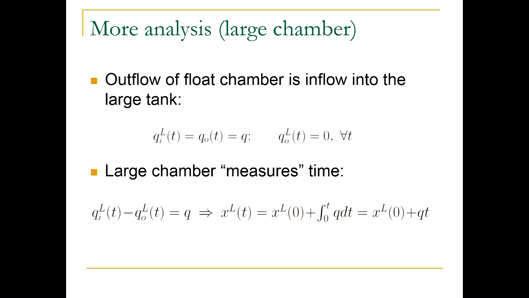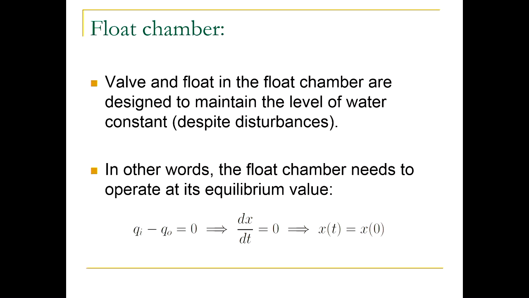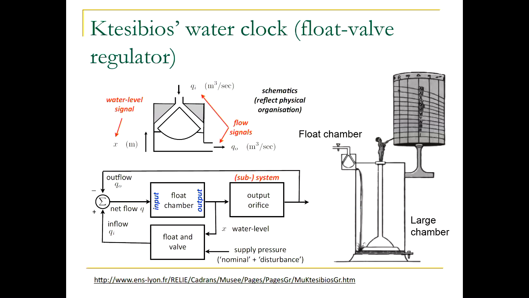If the initial level in the big chamber is 0, then the current level is basically the inflow, which is constant, times the time that elapsed. So this level here would just grow at a constant pace. And then this little statue would point to what time it is on this water clock.